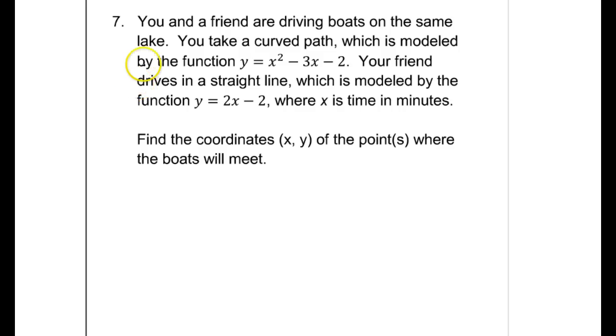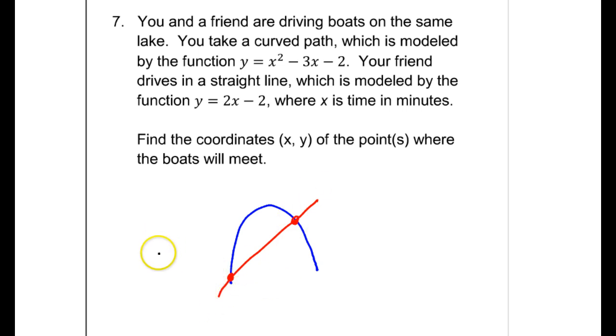Okay, last one. You and your friend drive boats on the same lake. You take a curved path. Okay. Your friend drives a nice straight line. And you want to find out where they meet. And we'll probably have 2 locations where the paths would cross.